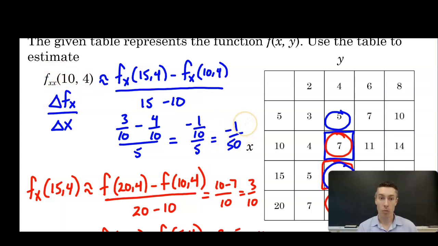Now, what does that mean? What that means is the rate of change with respect to x as we move in the direction of the positive x-axis is going down by roughly negative 1 over 50.